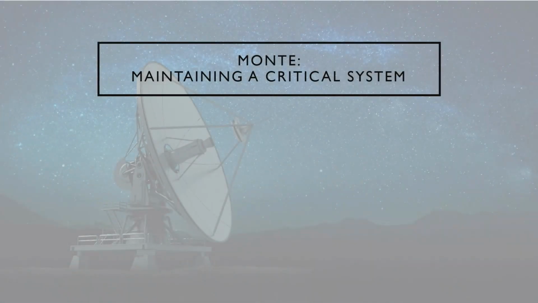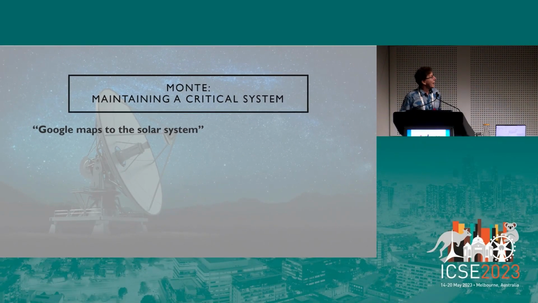This is going to be a little story about a system that you've probably never heard of, but it actually is a really important system. It's called Monty. It's a system that was developed and maintained by NASA for 20 years, and they call it Google Maps for the solar system. If you are sending a mission somewhere remote in the solar system, to properly operate and track it, you need to understand the 3D map of space.